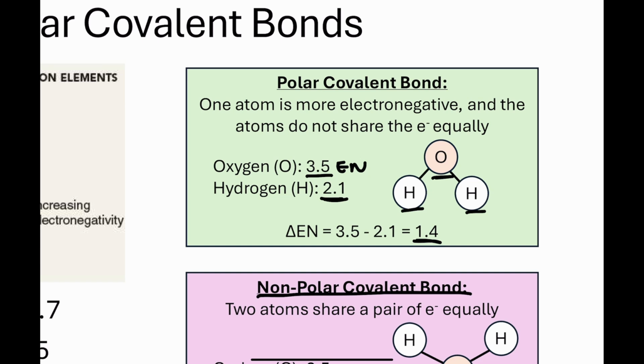So our oxygen atom is going to have a charge that is partially negative, which is denoted this way, and our hydrogens are going to be partially positive. This is because the electrons are now closer to oxygen, so there are more electrons than protons in this oxygen atom, giving it that overall negative charge.